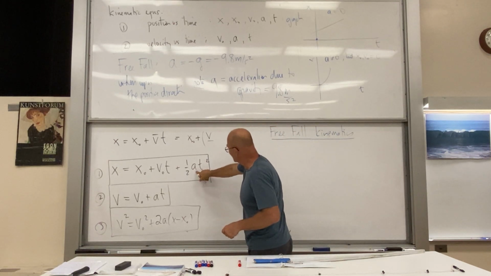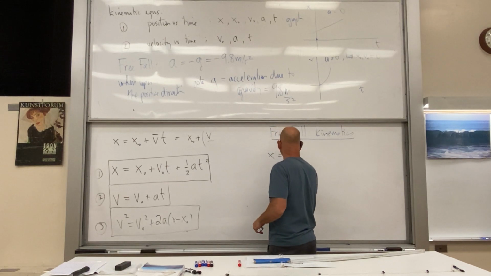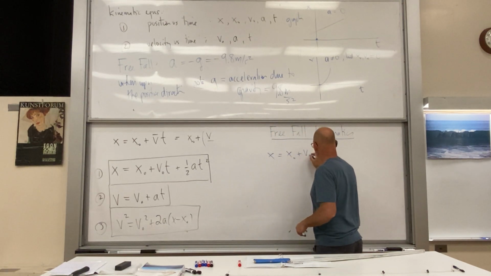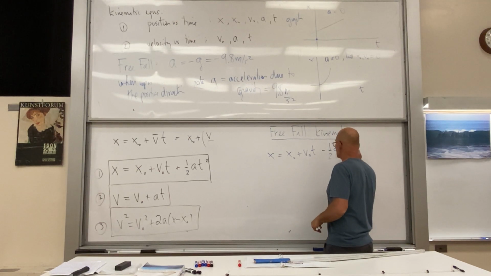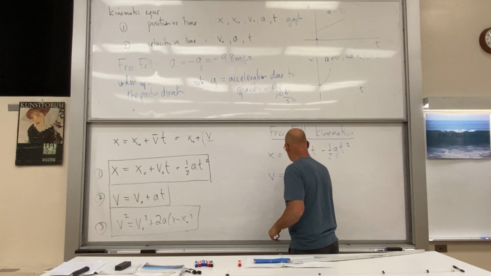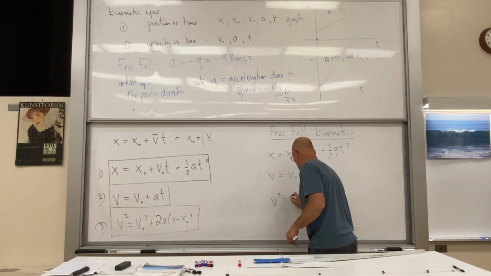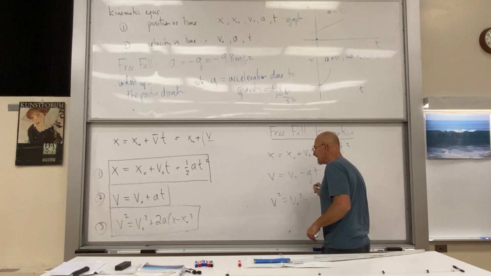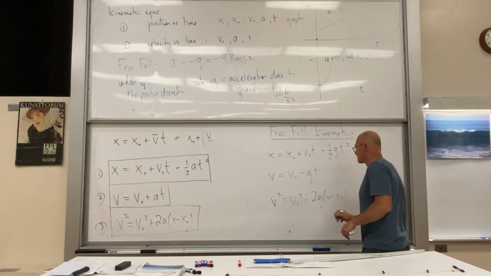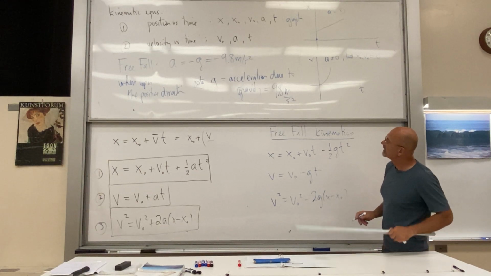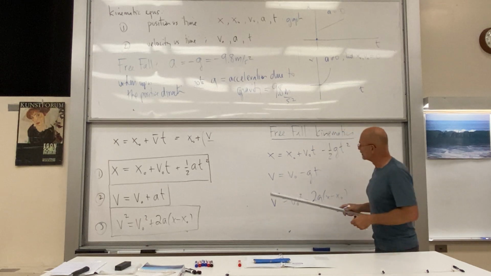So we're just going to plug in a equals minus g. So we'll get x equals x0 plus v0 t minus 1/2 g t squared, v equals v0 minus g t, and v squared equals v0 squared minus 2g (x minus x0). Okay. These are the case when the positive direction is up and we're doing free fall.